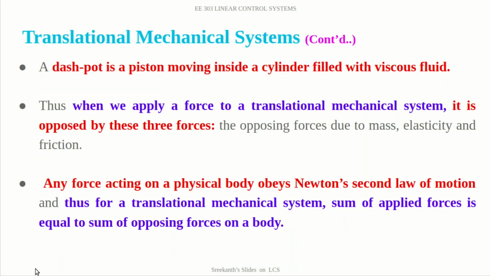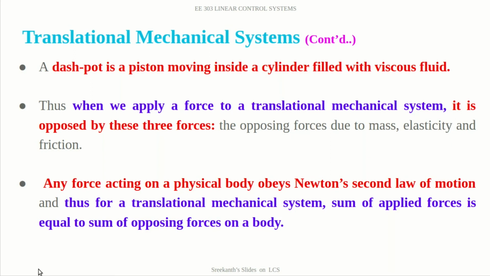Now, as I said earlier, a dashpot is a piston moving inside a cylinder filled with viscous fluid. Thus, when we apply a force to a translational mechanical system, it is opposed by these three factors: the opposing forces due to mass, elasticity, and friction.